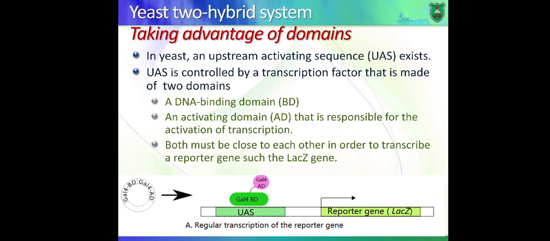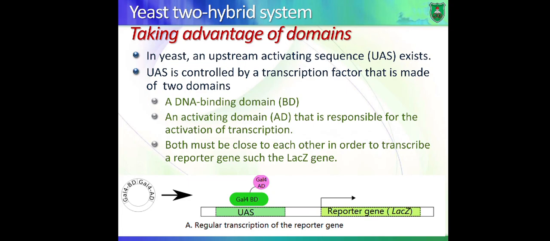Okay, so what happens here, this is really a fancy system because you have a yeast genetic system with a bacterial gene, and you can also insert human genes as well into these yeast cells. Okay, so the idea now is that we have a protein known as GAL4. It's made of a DNA binding domain and an activation domain. If you have binding to the UAS, you have induction of transcription of the LacZ gene.